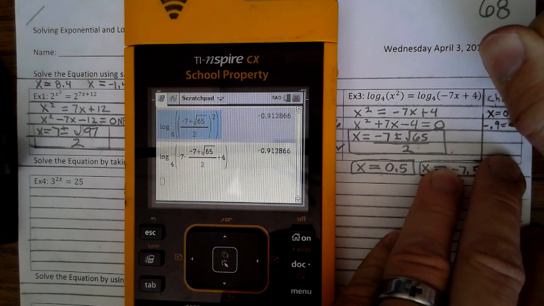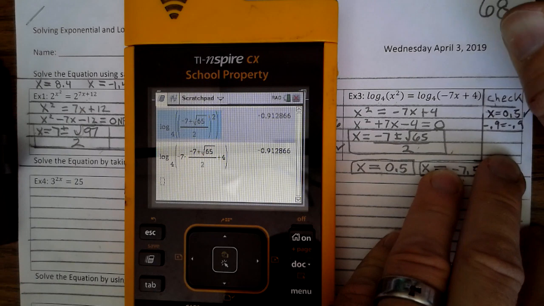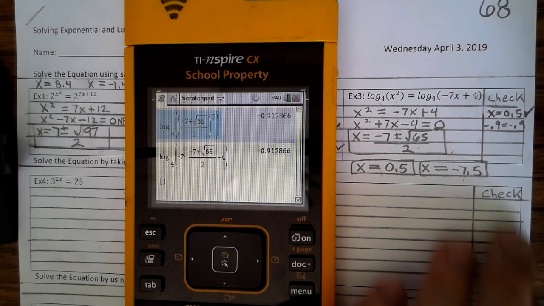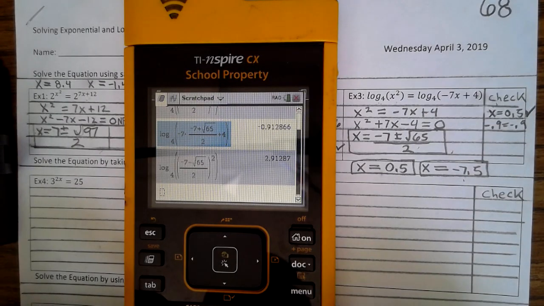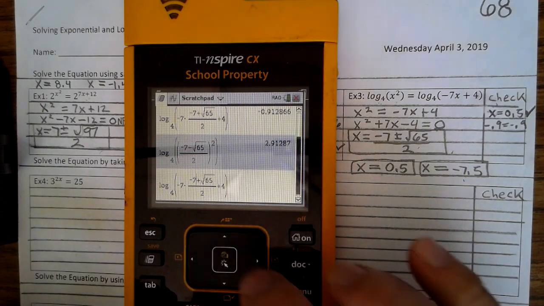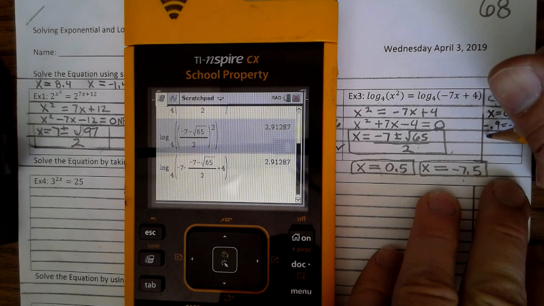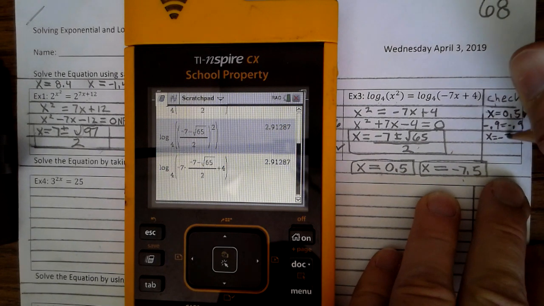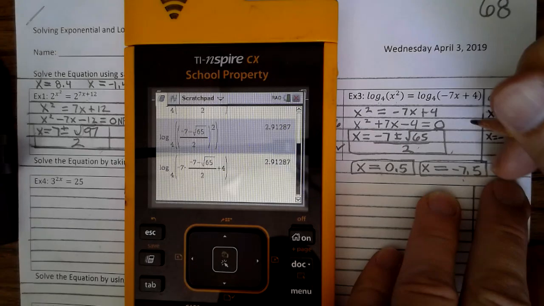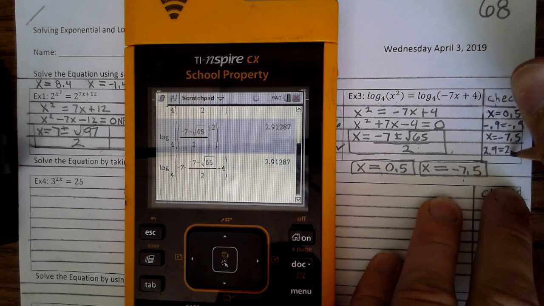Okay, so now all we have to do is highlight, change the plus to a minus, and then highlight this, change the plus to a minus, and we can see that x equals negative 7.5 checks because 2.9 equals 2.9, so it checks. Okay, so go ahead and finish up example 3.